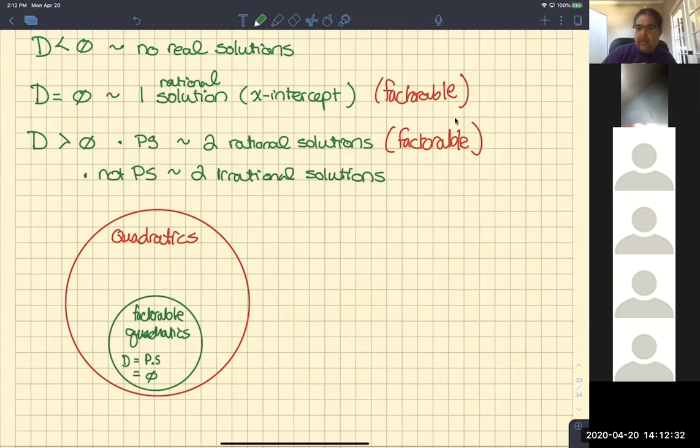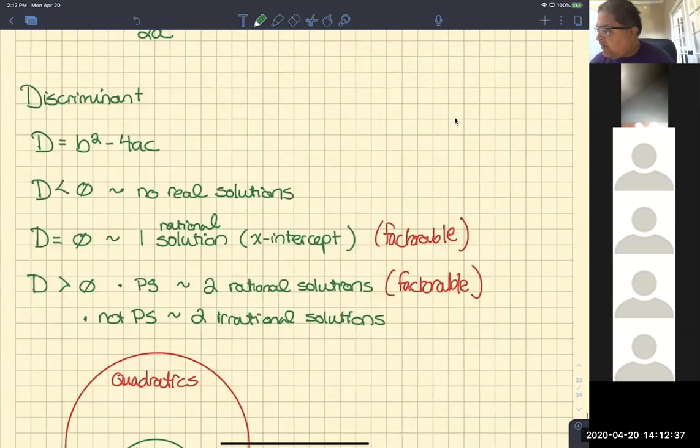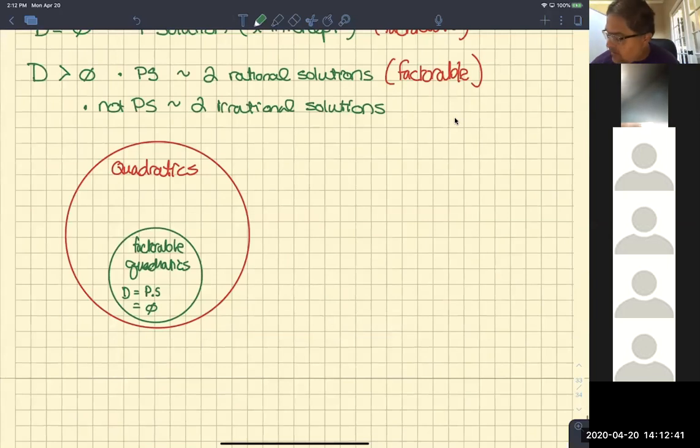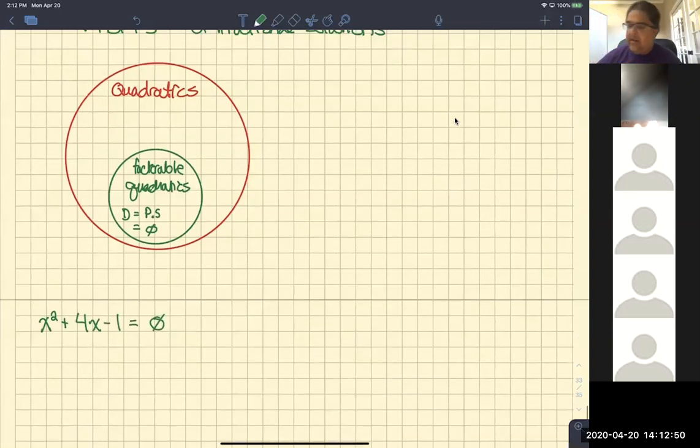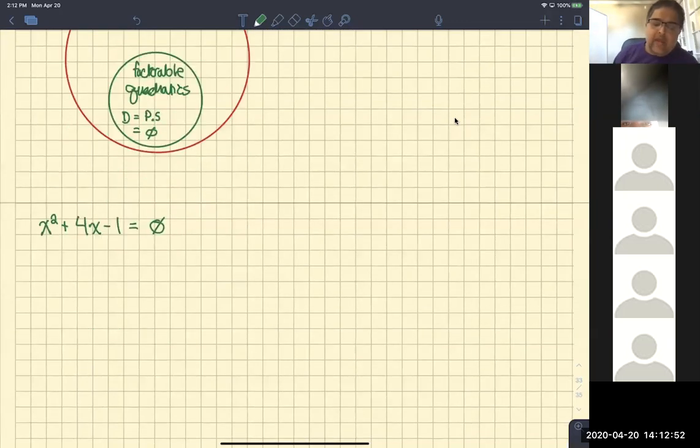Okay. So let's look at the problem that I gave you. X squared plus 4x minus 1. So we want to calculate the discriminant. Now remember, before we calculate the discriminant, we have to have one side equal to 0, which we do here.